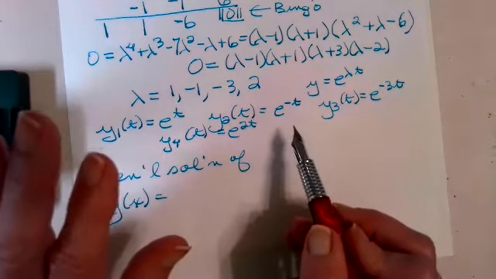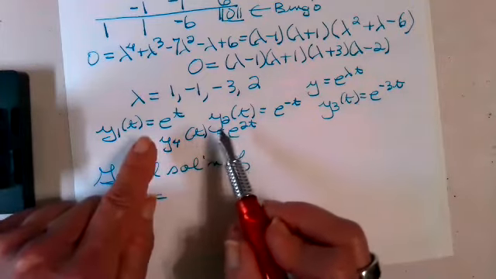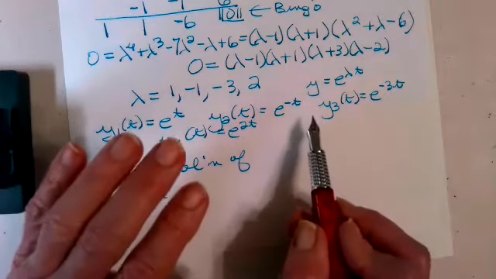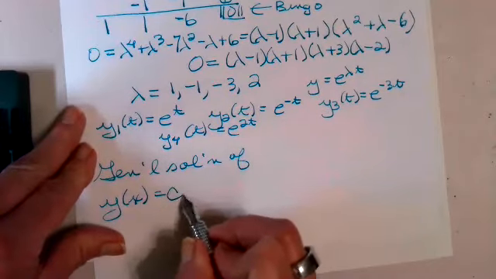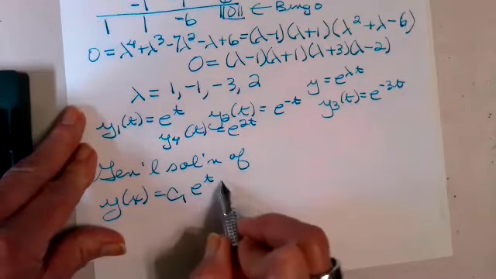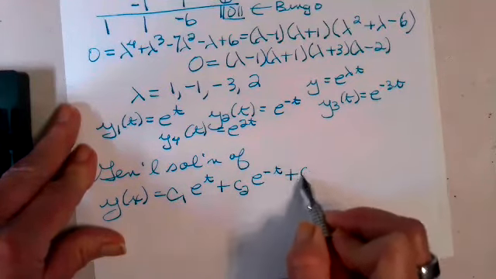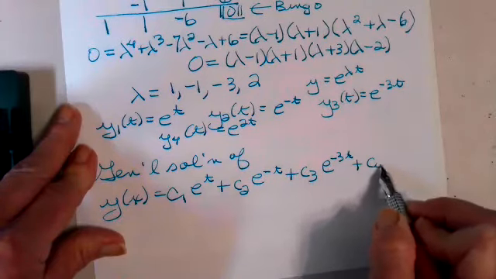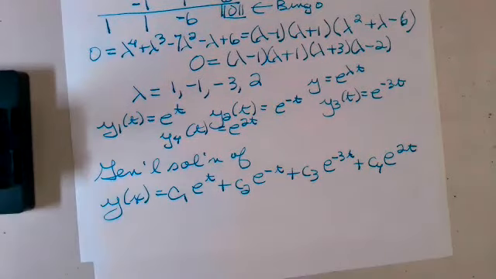We haven't learned how to check that quickly yet, but we will by the next section. We'll just trust that it is, but basically exponentials with different exponents are always linearly independent. So this is going to be C1 times y1 plus C2 times y2 plus C3 times y3 plus C4 times y4. Okay, all right, so that's our general solution.